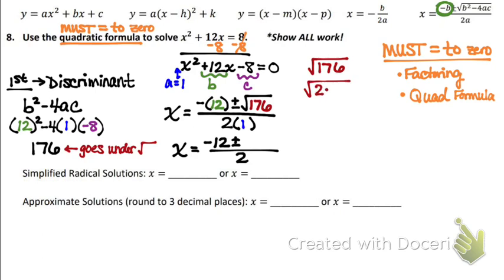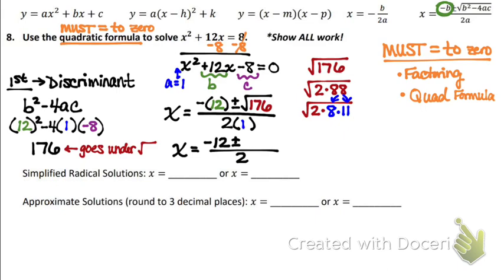What is 176 divided by 2? 88. Oh, I like 88. I know things that'll multiply to 88. Anytime I see double numbers like this, what goes into it? 11. So I have 2 times, this would be what, 8 times 11 for 88?